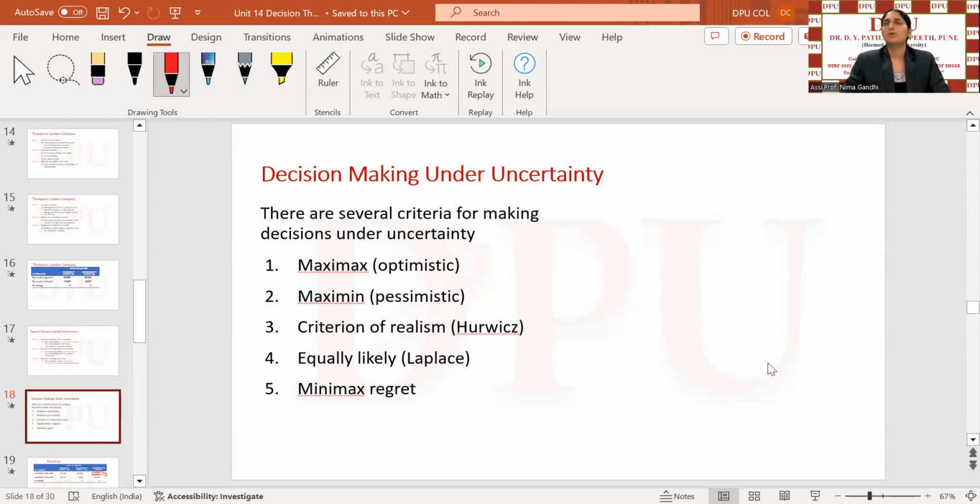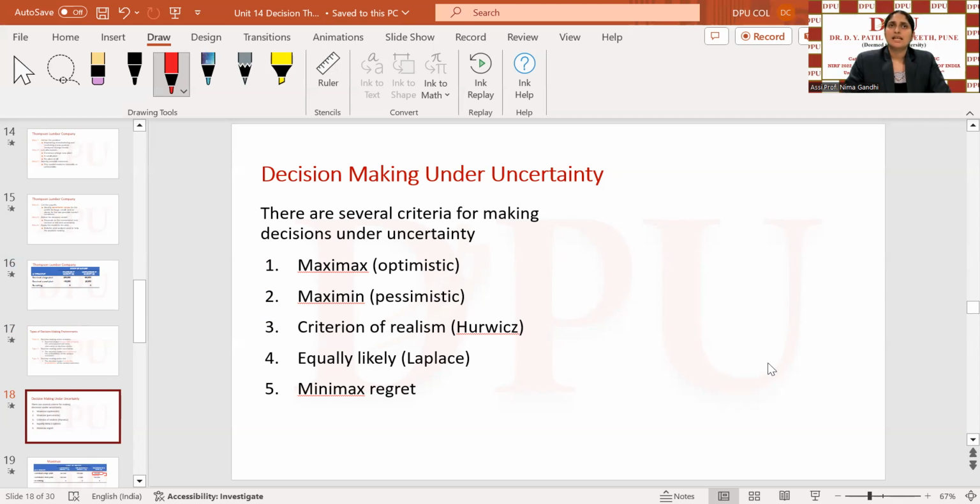You don't know that. That is the case when you are taking a decision under uncertainty. When you know the probability and still you are taking a decision, you are accepting a risk, so we call this taking a decision under risk. So these are the 5 criteria we have for decision making under uncertainty. We'll see them one by one.